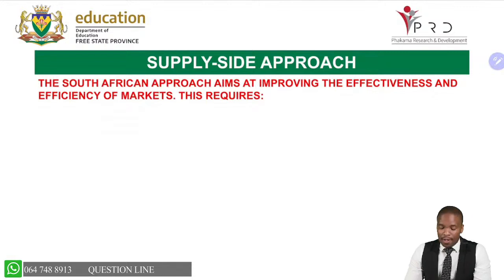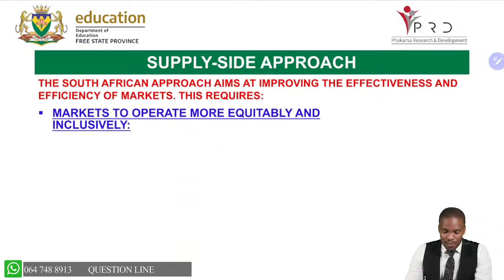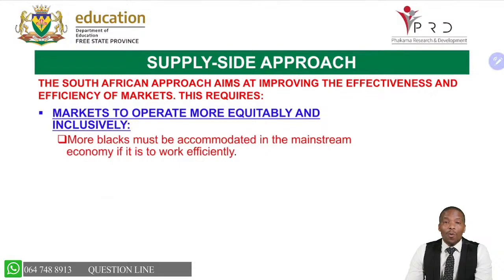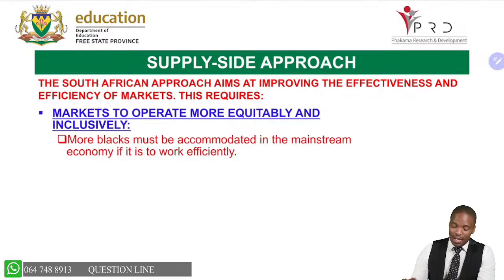Okay, then the supply side approach in achieving economic growth and development. We also mentioned that the markets need to operate more equitably and inclusively. So what are we saying by that? Here we are saying more black people or more blacks should be accommodated in the mainstream of the economy for it to work efficiently.